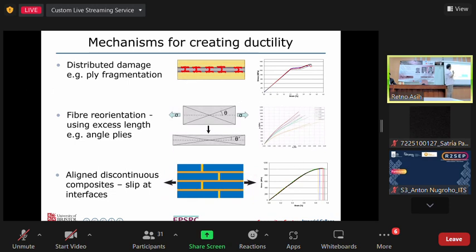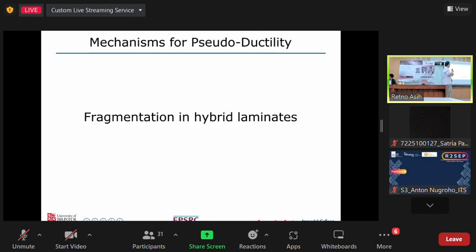We can also use the concept of angle-ply, where when we load it the fibers will rotate and there will be a quite nonlinear region. Or we can use discontinuous fibers embedded in a matrix, so they will pull out slowly. These are the three types that have been successfully demonstrated. Okay, so I would like to first give a brief introduction about fragmentation and hybrid lamination.